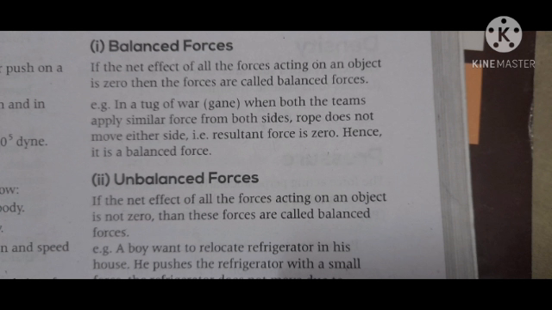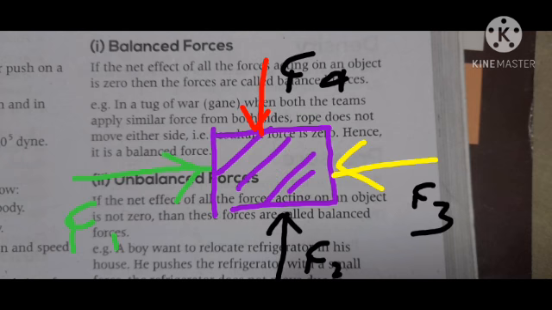Next is balanced and unbalanced force. Balanced force means if the net effect of all forces acting on an object is zero, then the forces are called balanced forces. For example, here is the object and F1, F2, F3, F4, four forces are working on it, but the resultant of the forces is zero, so that is balanced force.